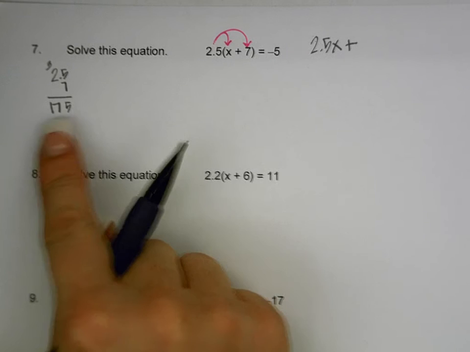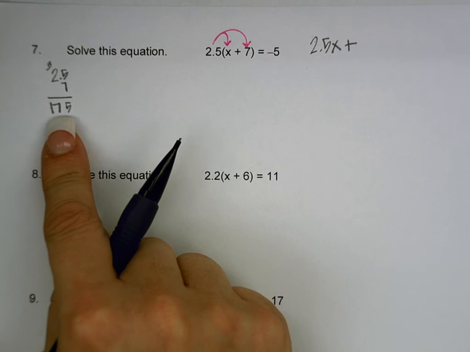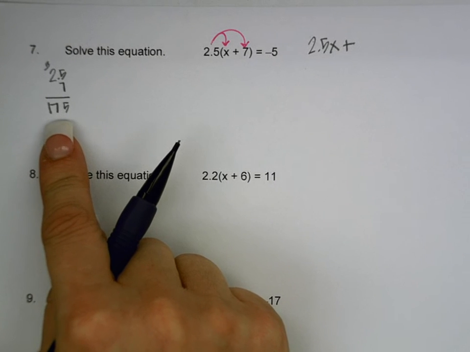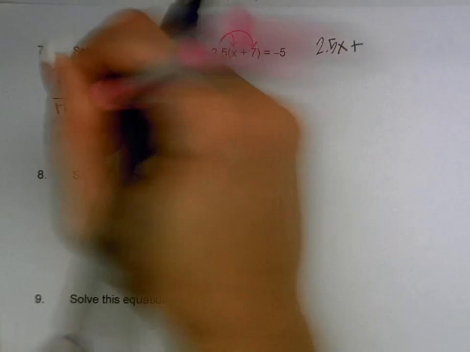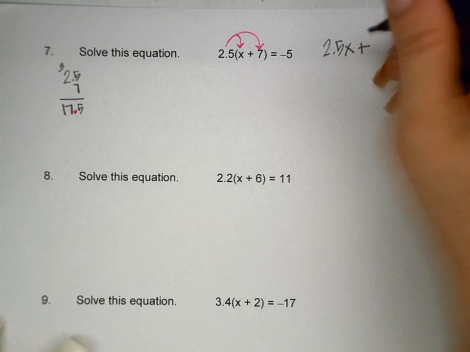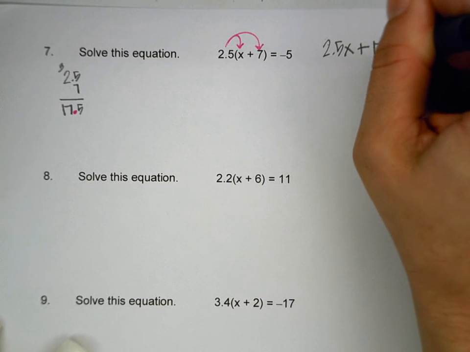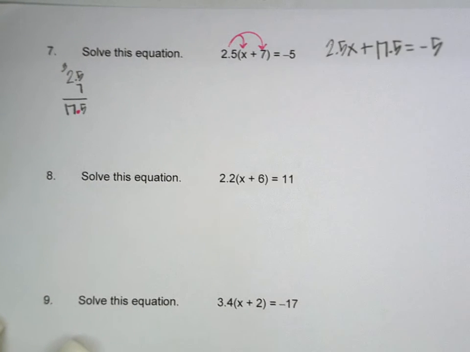What do we got? Oh, what did I do wrong here? The decimal point, okay? So yes, I did the multiplication right, but don't forget that you have to put one decimal place there. So 2.5x plus 17.5 equals -5.